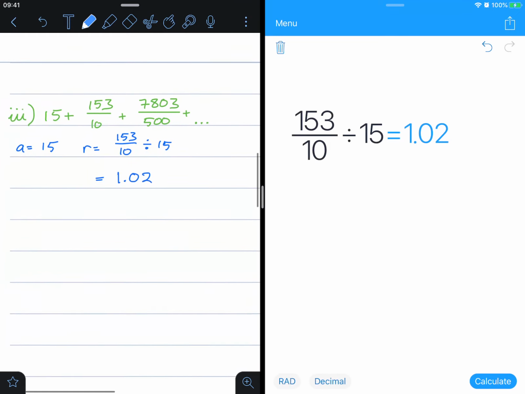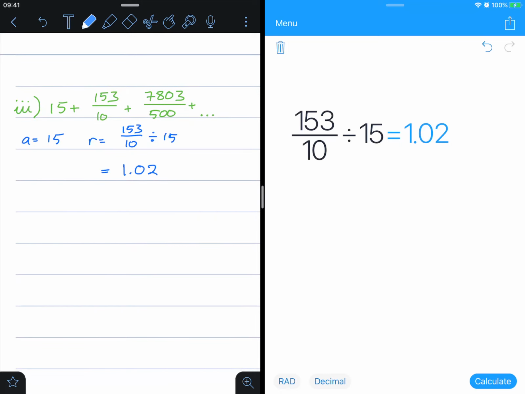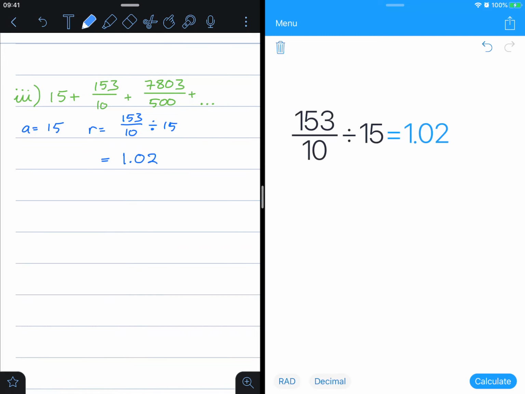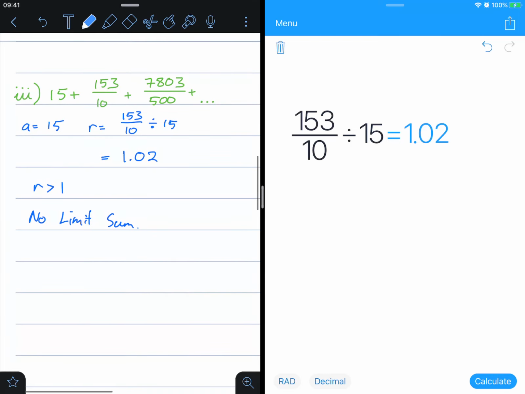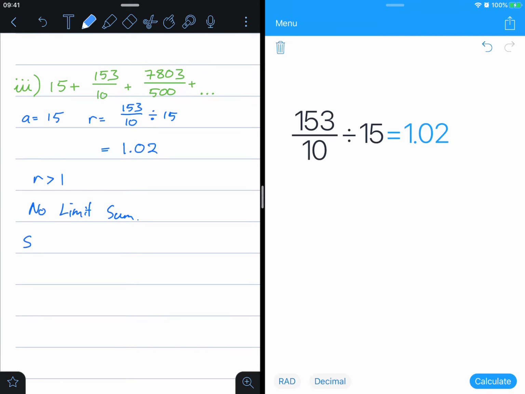I hope you caught that this will not have a limiting sum because it's going to go off into infinity. Since the ratio r is greater than 1, we can just say no limiting sum. If we wanted to find the actual sum, we can't do S infinity. We need to find a particular S of n, which has not been specified for this question. So all we can say is that there is no limiting sum.